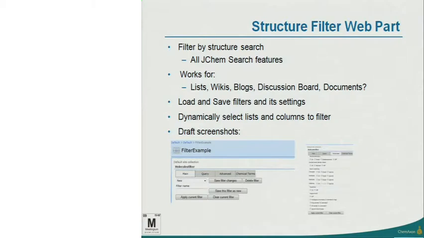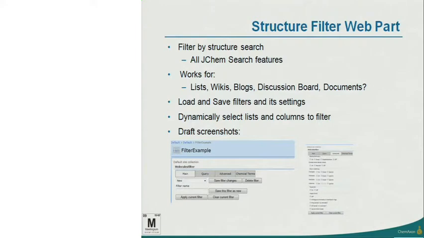In the initial release we plan to include filtering for lists, wikis, blogs, or discussion boards which contain structures. And you will be able to dynamically link which list you want to filter. For example, you place a web part there, you will have two other lists, and you can specify which list to filter.